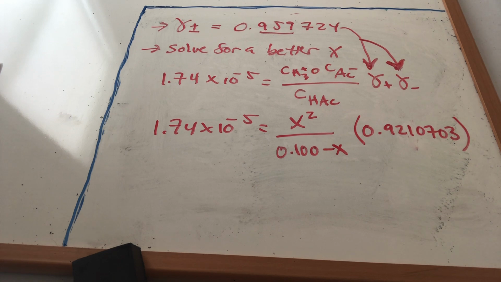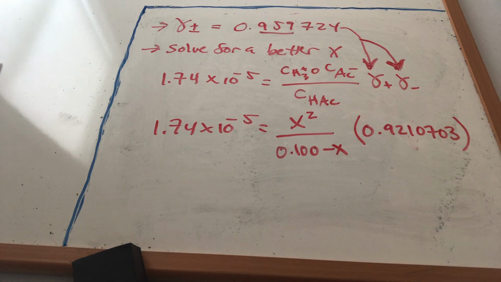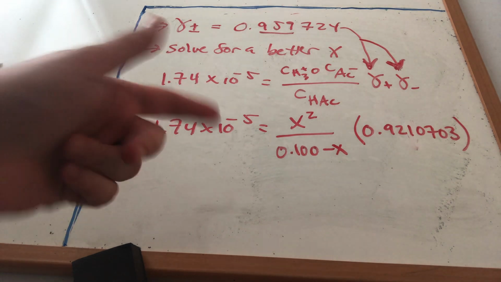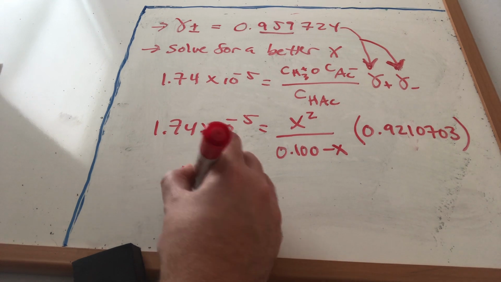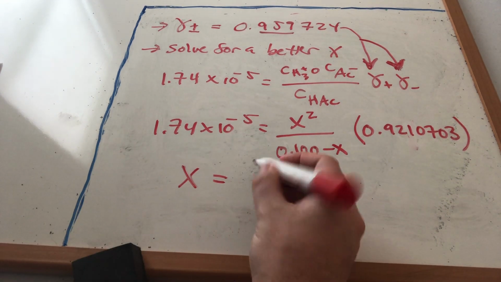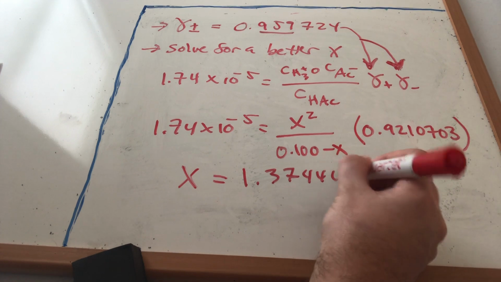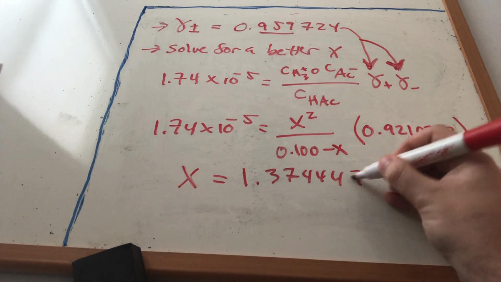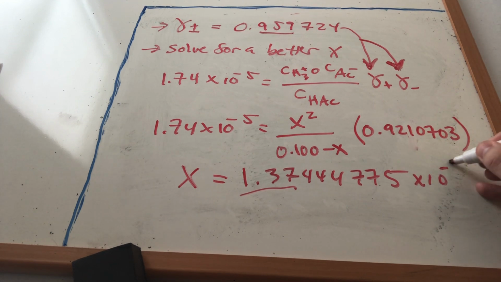So this is a different equation. It looks the same functionally, but over here this used to be 1, and now it's that value. So now when you solve for X, you're going to use the 5% rule again, you actually get a different number. And so again, I'm going to give you what the X is, but practice the math yourself. Let me know if you find any mistakes as always. I get 1.374444775. You don't need that many decimals. Times 10 to the minus 3.